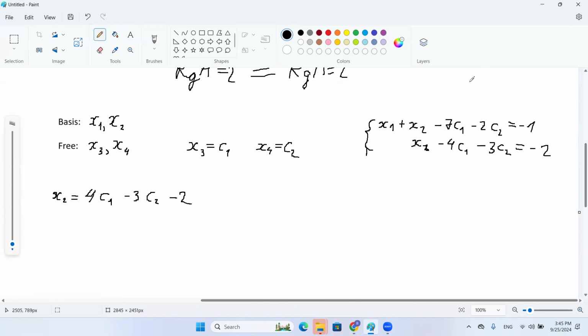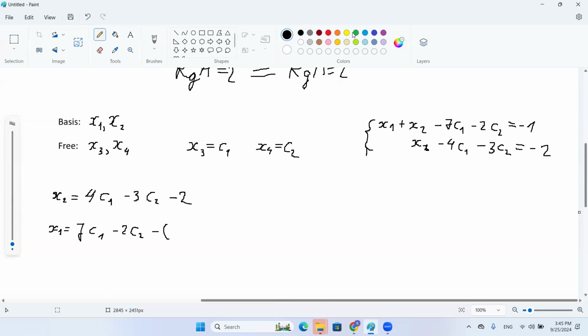And then let's find x1. x1 equals, okay, let's move it to the left side, 7c1 minus 2c2, and let's substitute x2 with this expression.